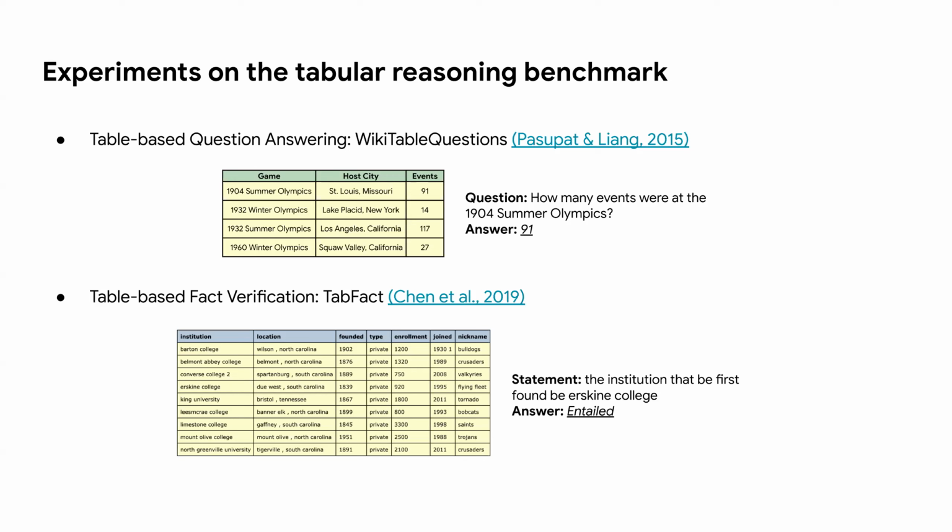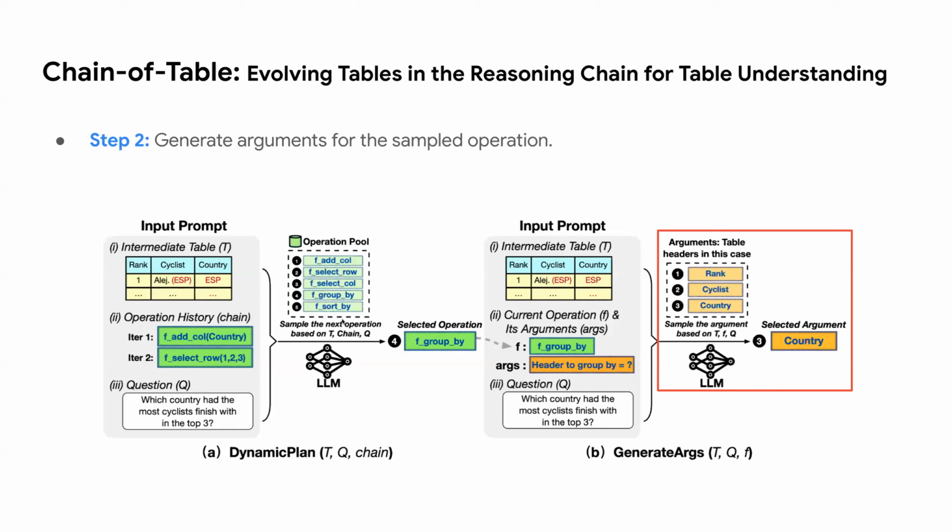I think the failure cases fall into two categories. The first one was mentioned a lot, like in the previous question. That's about the table size. Let me show you here: as you can see from the operation pool, there is a very hard operation called add column.